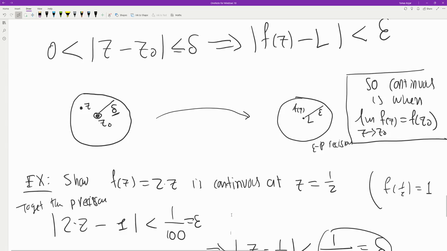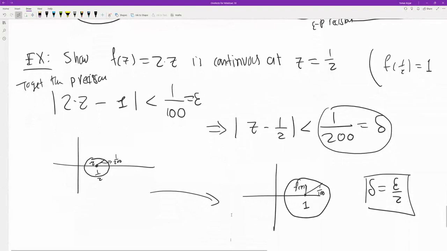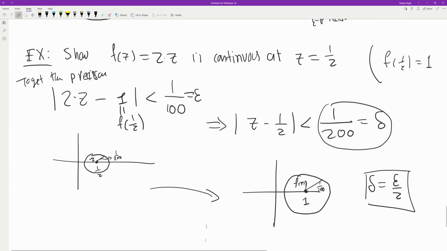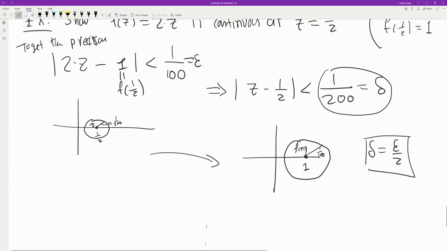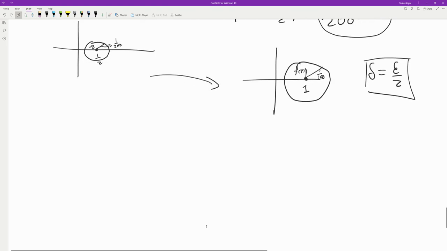So as z is really close to a half, we want it to be close to the image. Okay, but okay, this is not testable, of course. We will mostly just compute limits, like in calculus. Okay, so let's do some limits.